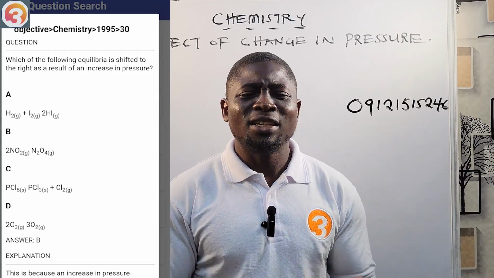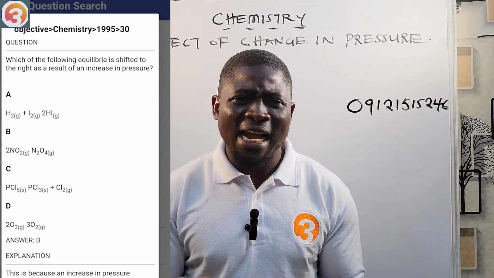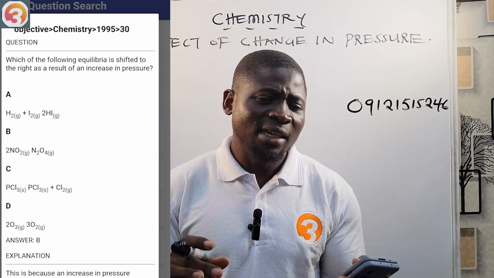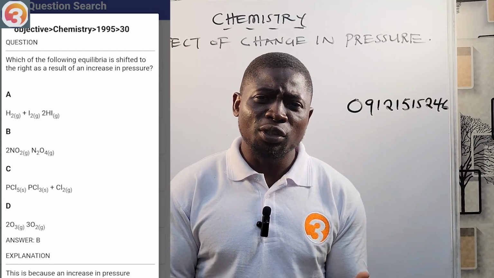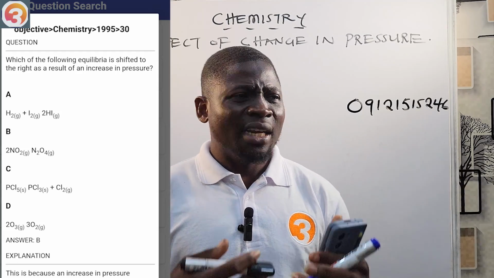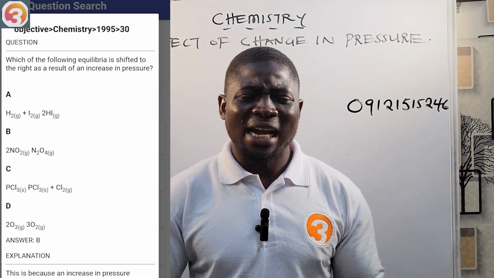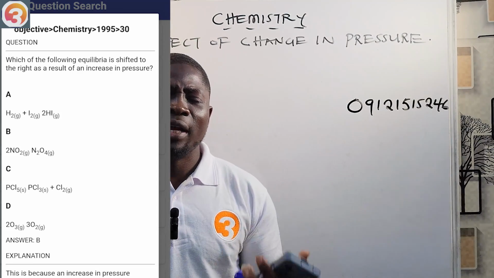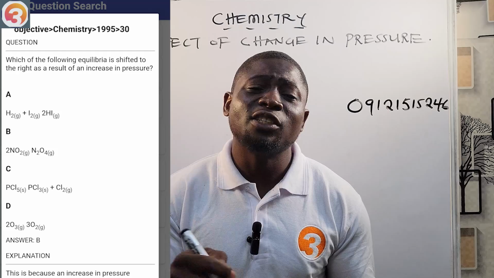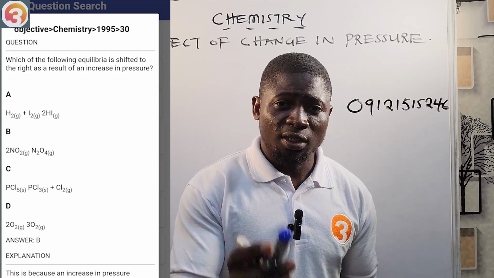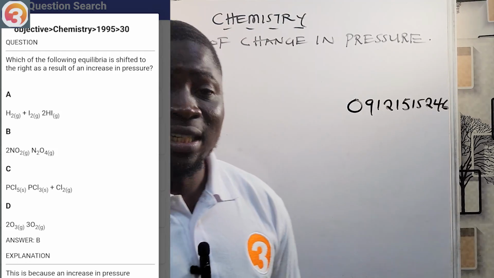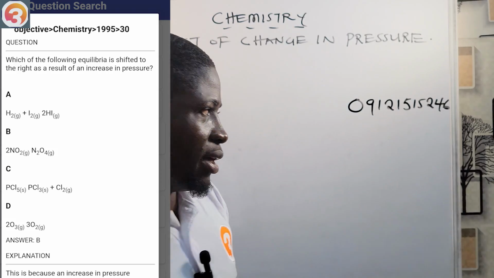Many questions come out like this on JAMB every time. So if you do not understand how the effect of change of pressure will affect equilibrium position of reversible reactions, you will not answer this question. You will fail it. So please, I want you to succeed in your exam. Please stay put to the end of the class when we answer this question and many other ones.